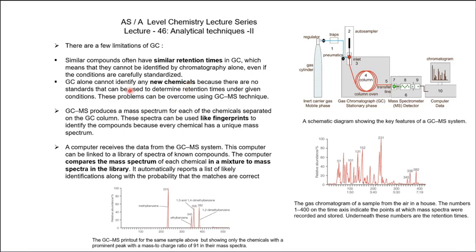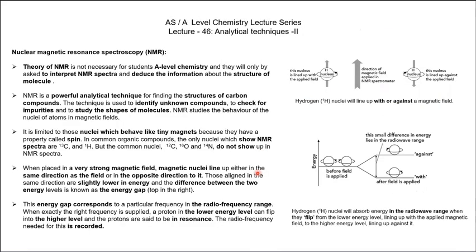So this problem can be overcome using the GCMS technique. Up to here we have been discussing different types of chromatography, and we also saw some chromatograms and how we can interpret them.